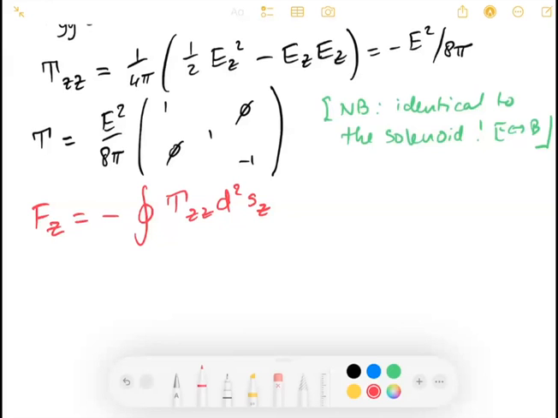Now, because only the bottom part is contributing to this integral, the normal on the bottom is pointing in the minus z direction. So we need to pick up a minus here because only the bottom part, for which n is in the minus z hat direction. Okay, so that's why we pick up a minus sign here.